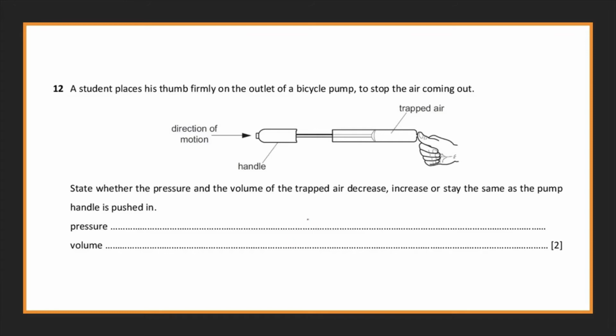To answer this question, I think you can use your daily experience. Yeah? When you push something, you will reduce the volume of the object. So, we will answer the volume part first.